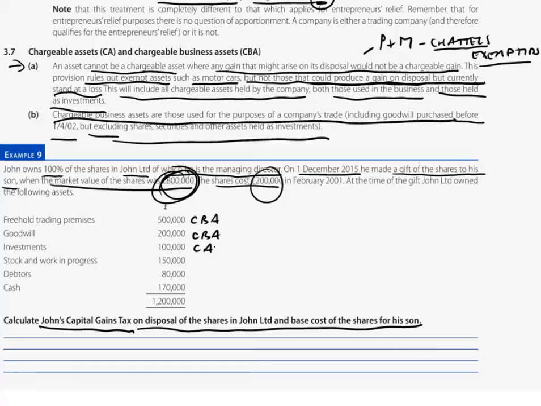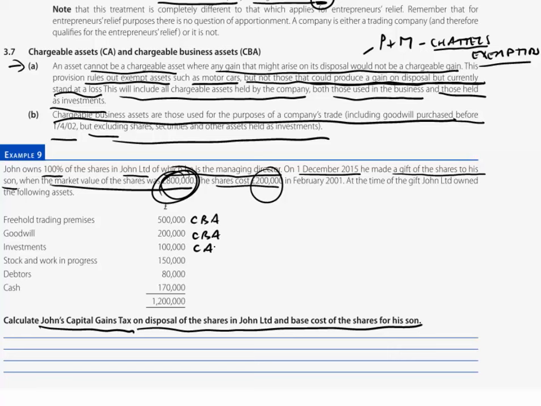If, of course, you were told that the plant and machinery contained no items that had been bought for less than 6,000 or had values of less than 6,000, and also it was plant and machinery, not motor vehicles, motor cars, then that would be chargeable. But motor cars, exempt chattels, would be excluded in deriving what your CBA and CA figures were.